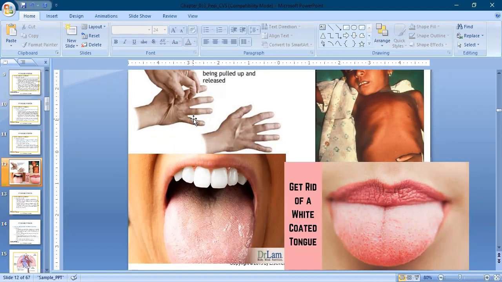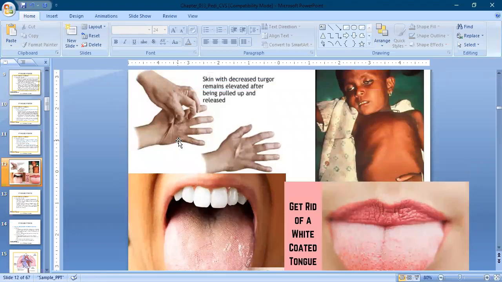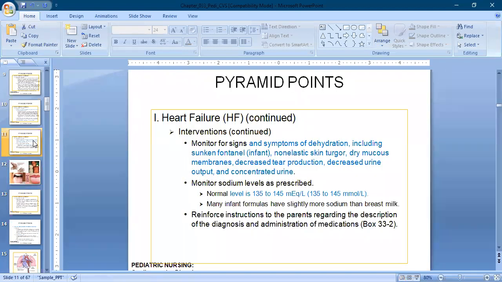And also, if you pinch the skin, it is supposed to go back into position within a second. But in the case of dehydration, the skin turgor decreases and the skin remains elevated after being pulled up and released.